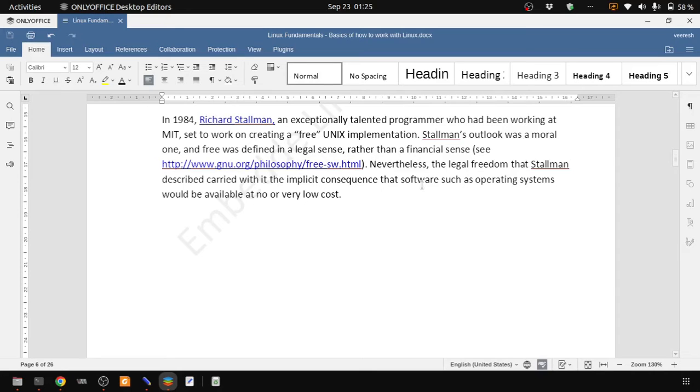So he felt we should have a free Unix implementation. He was not successful in producing a complete OS by itself, but at least he had the libraries and everything developed.